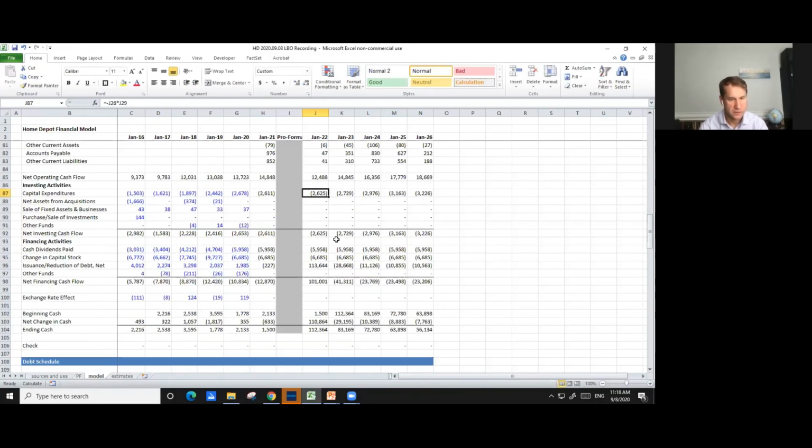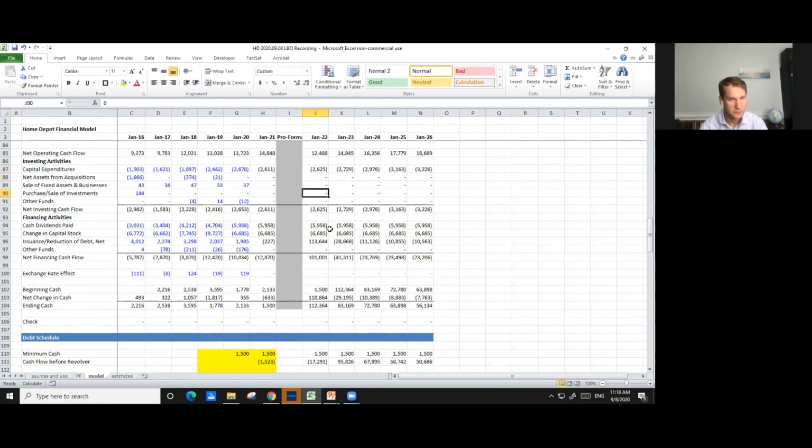CapEx is fine. The other rows are 0. Dividends. This was just an assumption. You know, this is not going to change. So I'll actually leave it like that.